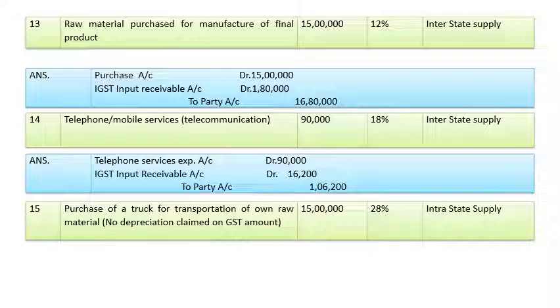Here it is a purchase of truck, that is purchase of motor vehicle. So I am revising section 17. If company has purchased a motor vehicle and capacity of that motor vehicle is less than or equal to 13 passengers, then whatever GST amount paid on it, that is blocked.